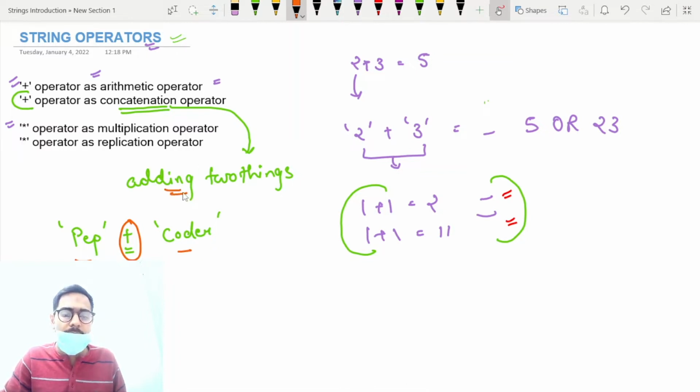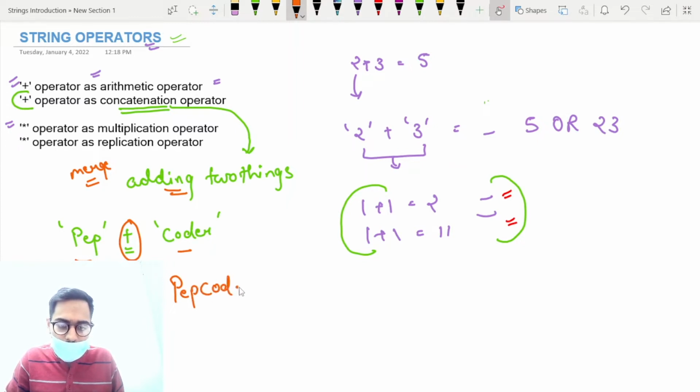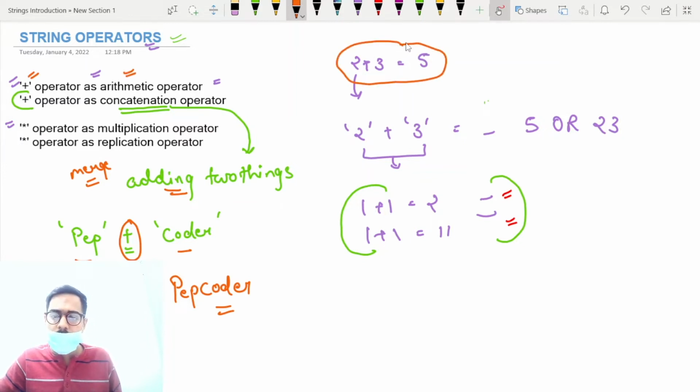That means it will merge the two strings, so the output will be pepcoder. So plus as an arithmetic operator performs the basic addition we already know, and plus as a concatenation operator, used between two strings, gives you the output in string format by merging those two strings.